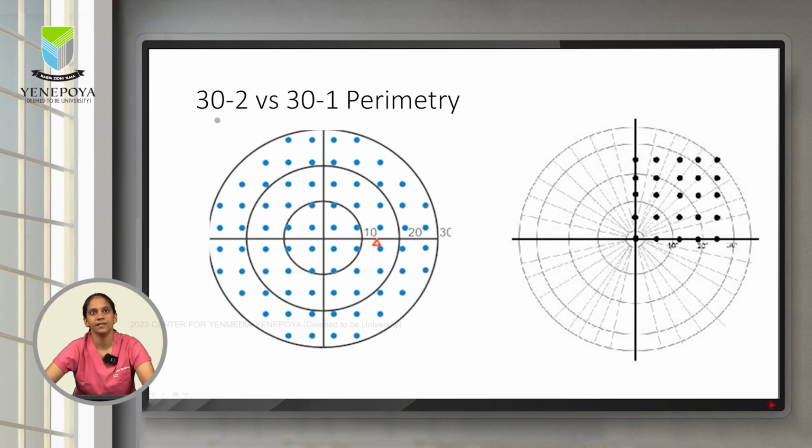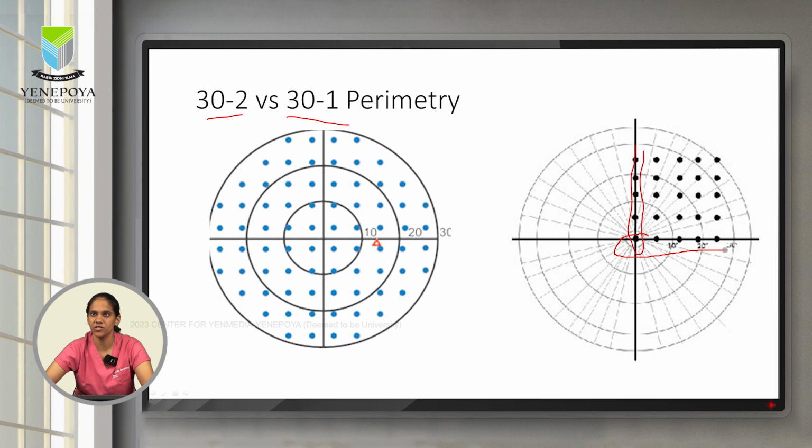So if there is a 30-2, then there should be something called a 30-1 also. This is something that almost all of your examiners will ask you, and it's better that you know what exactly we do 30-2 for, right? In 30-2, if you see, there are no points on the axis, but in 30-1, you can see there are points lying on the axis also.